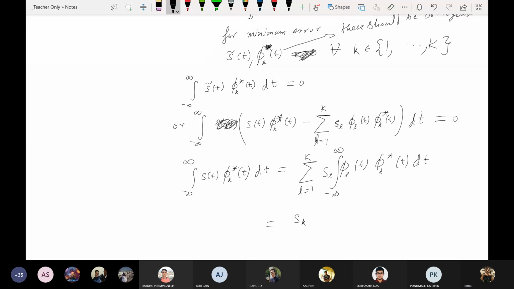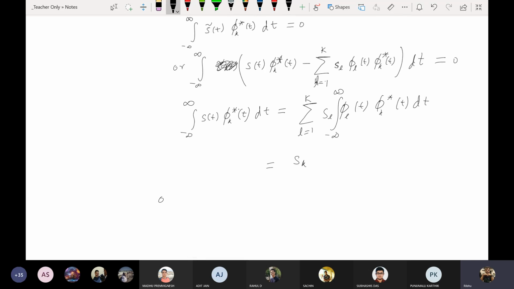Right? Agreed? Yes, sir. These are orthonormal. So the phi_k's are orthonormal. So you get this, or s_k is the projection of s(t) onto phi_k(t).